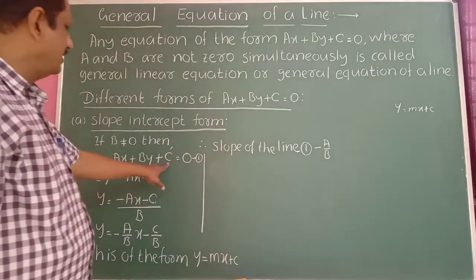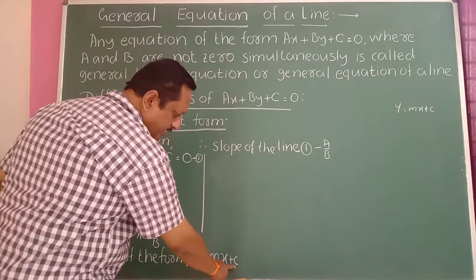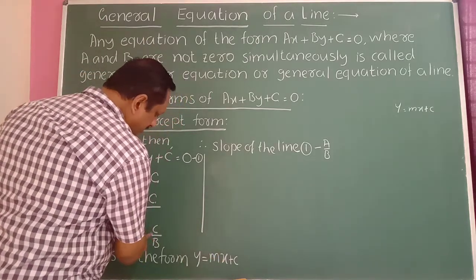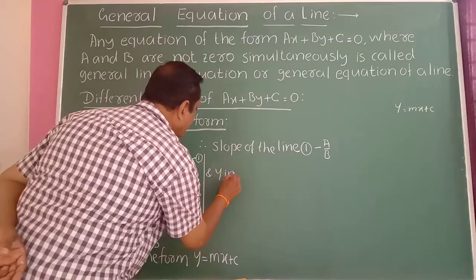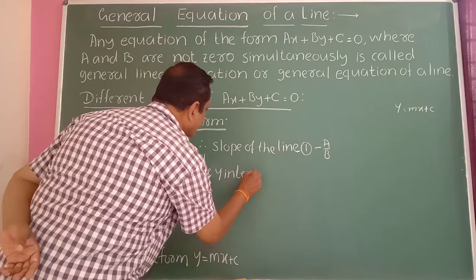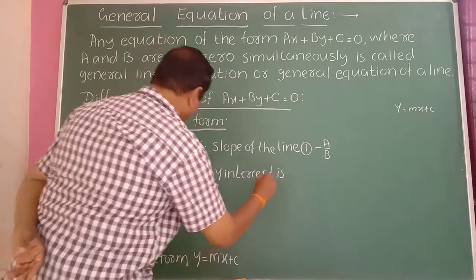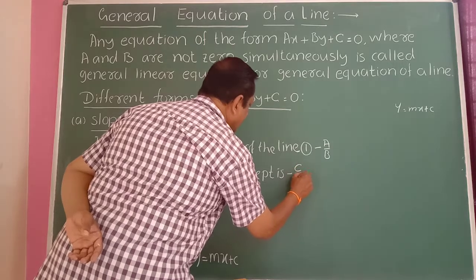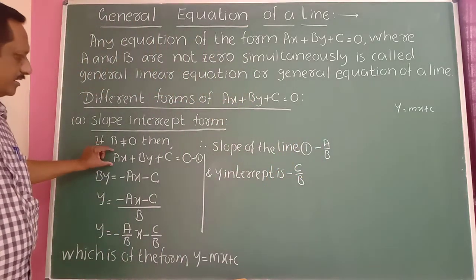The slope of the line 1 is minus a upon b, and the y intercept is minus c divided by b. So this is the equation of the line.